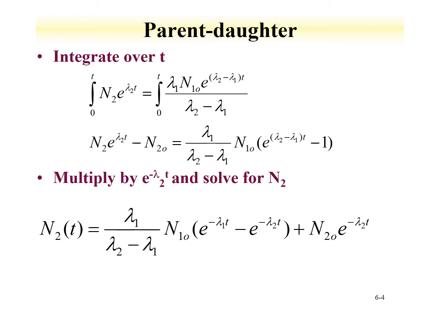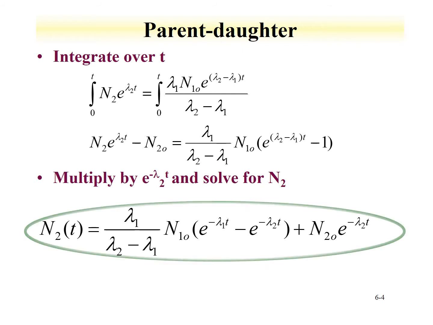We multiplied this equation by e to the minus lambda 2 t, and we solve for N2. So this is what our equation winds up becoming.